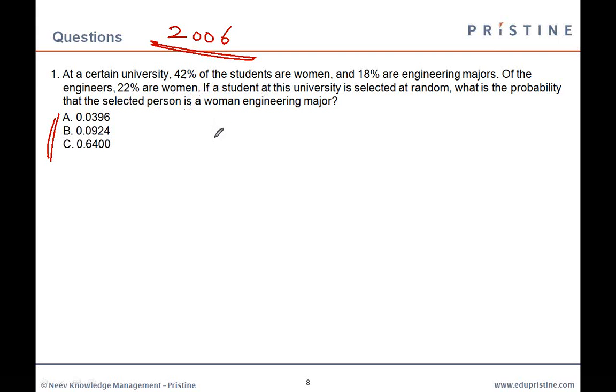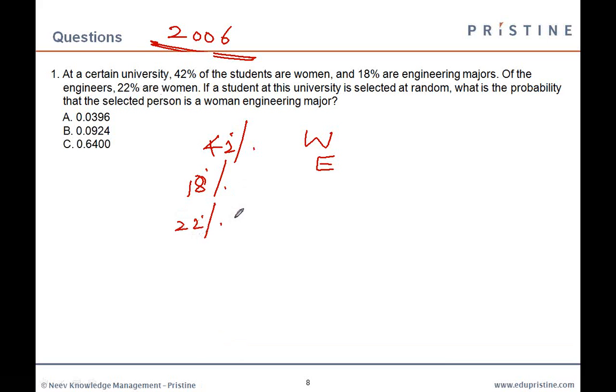In a particular university, 42% of the students are women. 18% of the students are engineering majors. So 18% of the students in a particular university are engineers. Of all the engineers, 22% are women.